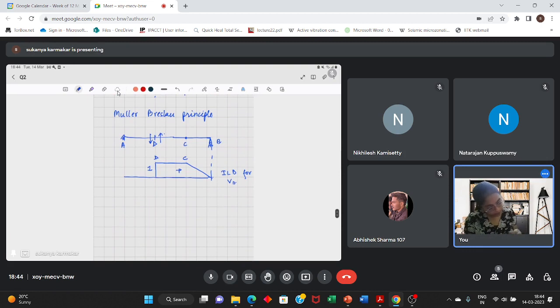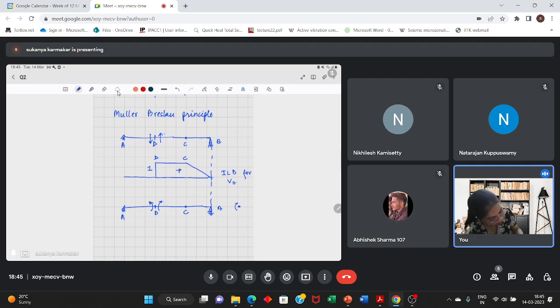So using this principle here only. So basically here, let me draw the beam once more. This is point B, this is point C, this is B, A. So at this point, you are allowing rotation.